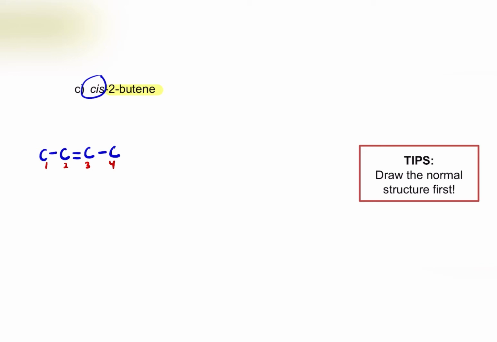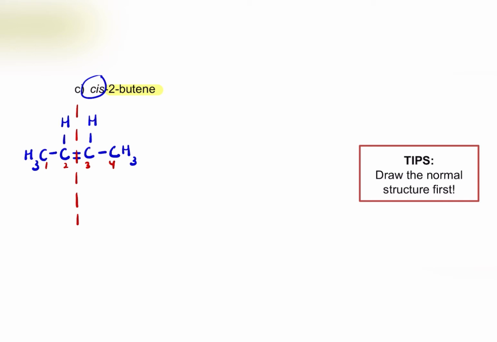So this is 1, 2, 3, 4. And what's next? I'm going to fill in the rest of them with hydrogen. So at carbon number 1, I got CH3. Carbon number 2, I got 1H. Same with carbon number 3, 1H. And carbon number 4, H3. This is my normal structure for 2-butene. However, for me to transform into cis structure, I'm going to split between these two. So let's check.